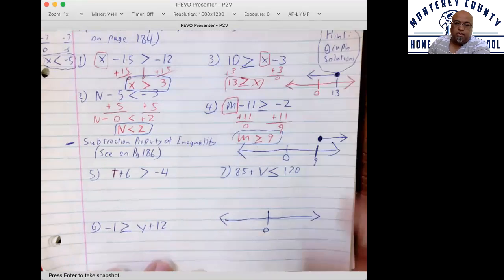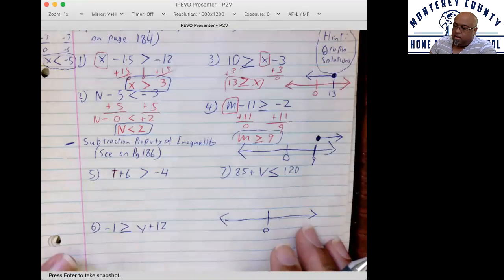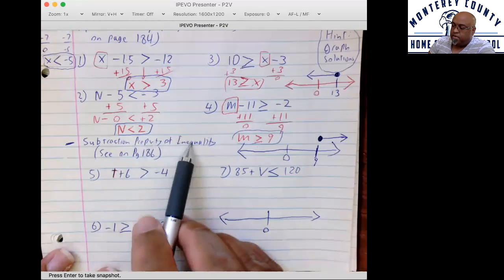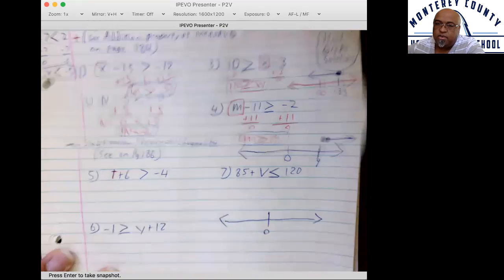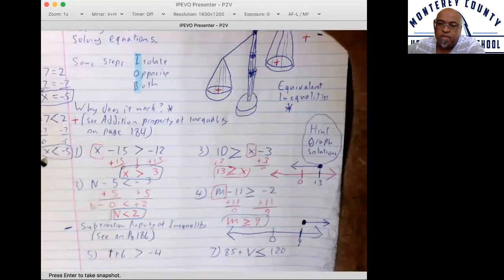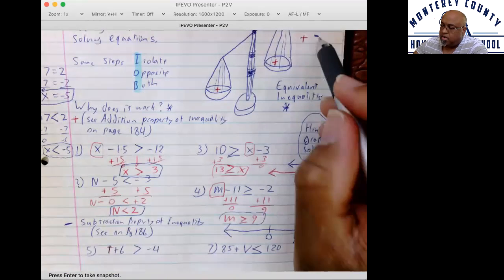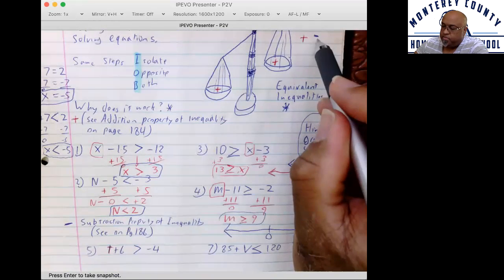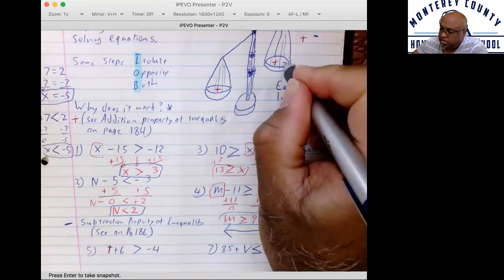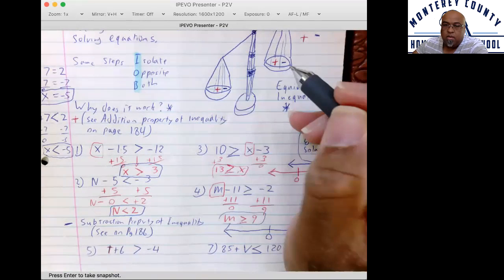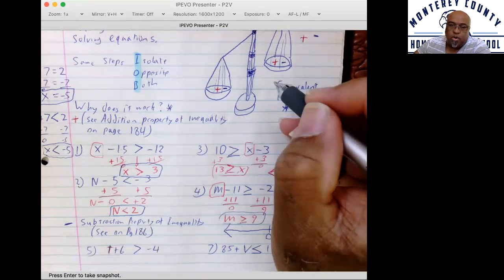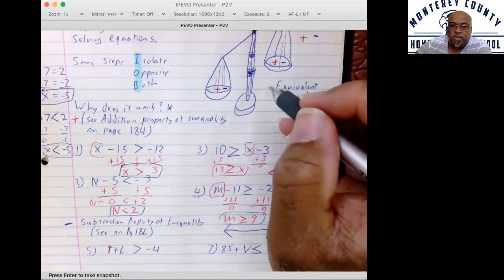All right, let's do some more questions here. Now we have the subtraction property of inequality, which is on page 186. Going back to our graph, the subtraction property is this. If I subtract the same amount of something from my inequality, then it will stay unequal at the same level.